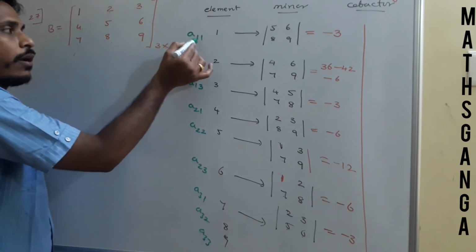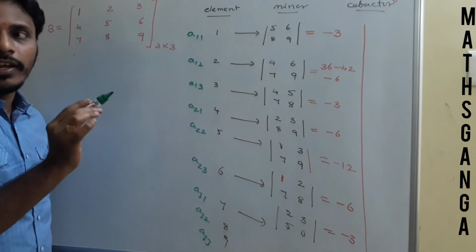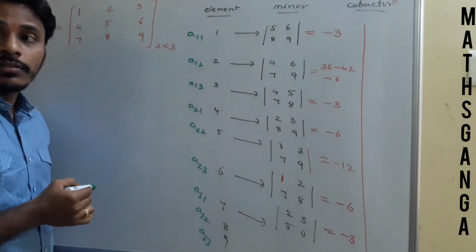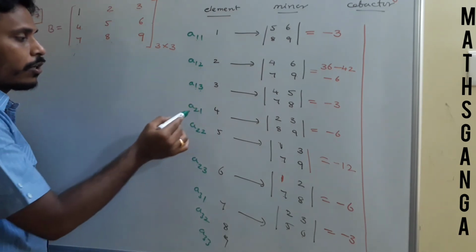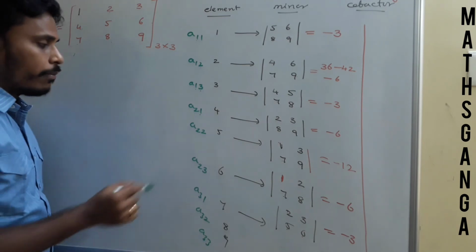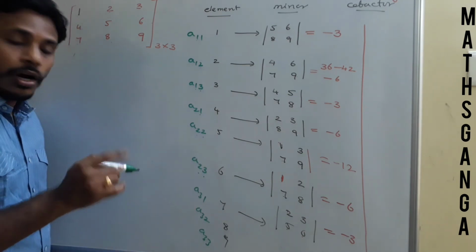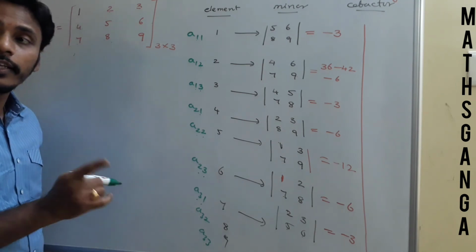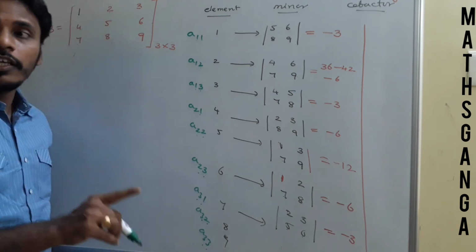Now just look there. 1 plus 1 is an even number. 1 plus 2 is odd. 1 plus 3 is even. 2 plus 1 is odd. 2 plus 2 is even. 2 plus 3 is odd. 3 plus 1 is even. 3 plus 2 is odd. 3 plus 3 is even.